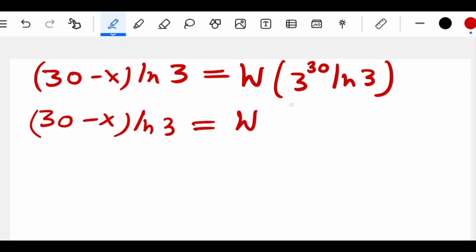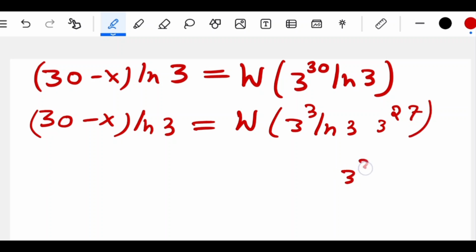So in W, we can write it as 3 raised to 3 ln 3 because we need to make the value of the log and this power the same, and 3 raised to 27. How? By using 3 raised to 30, we break the powers: 3 raised to 3 multiplied by 3 raised to 27. So this 3 raised to 3 ln 3 together and this 3 raised to 27 in the other part.